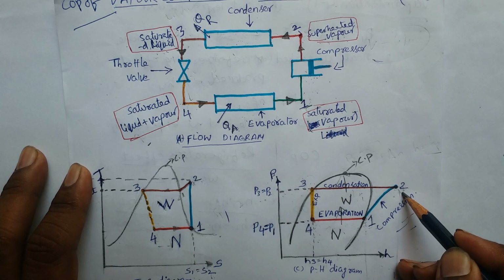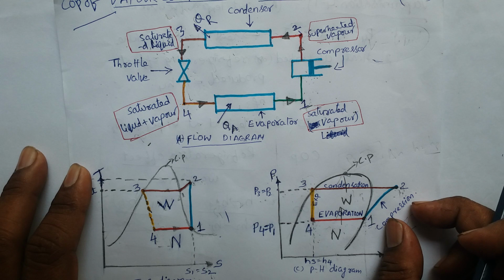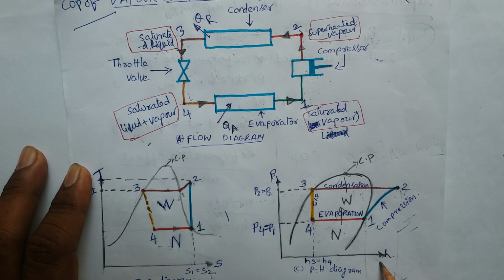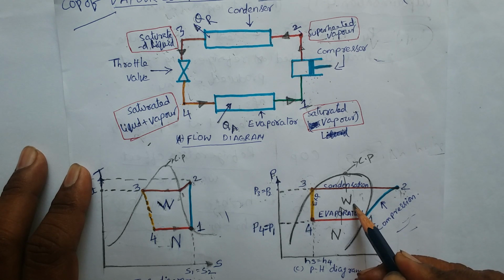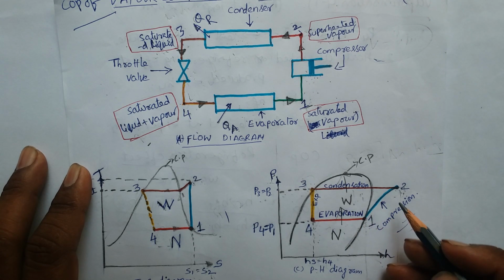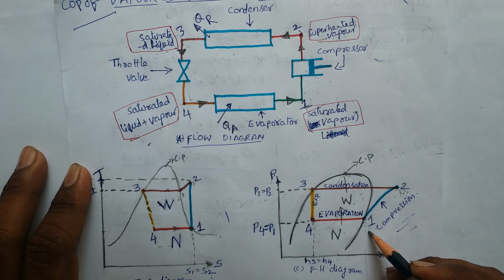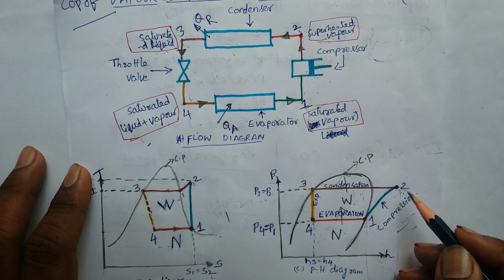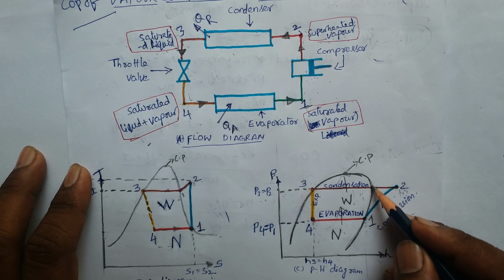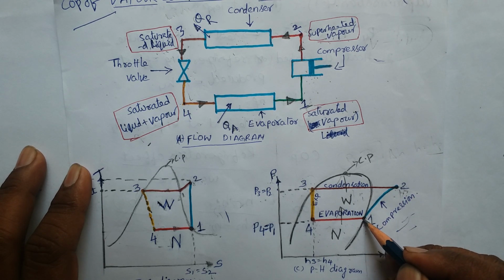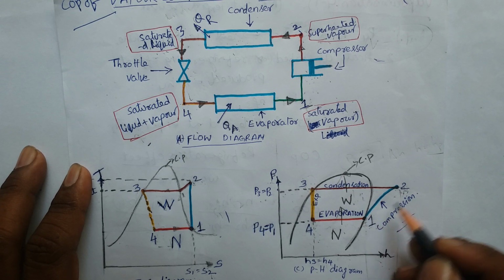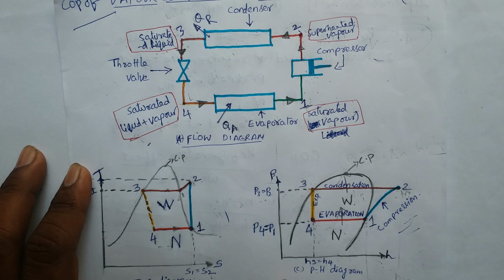So we find the compressor work. How do we find the compressor work? With the help of the pH diagram, we can find it. This is the work. Work done by the compressor is H2 minus H1. H2 is greater because it is superheated, and H1 is on the saturated vapor line, so it is less than H2. Here H means enthalpy, in the pressure enthalpy diagram.